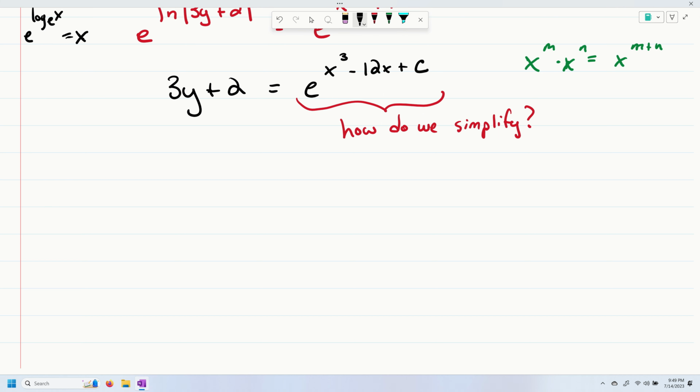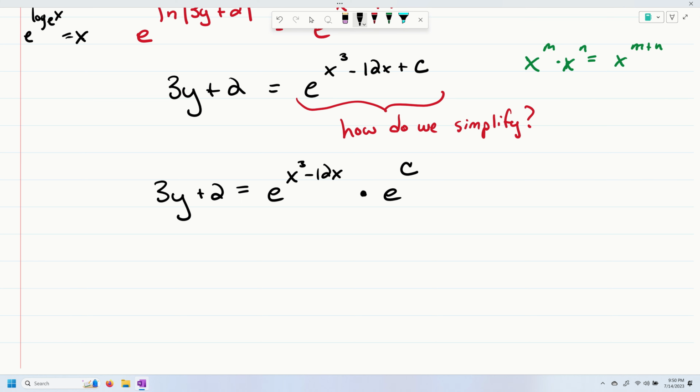So, going from left to right, here's what we end up getting. We get e, and I'm going to write it like this, e to the x to the third minus 12x times e to the c.